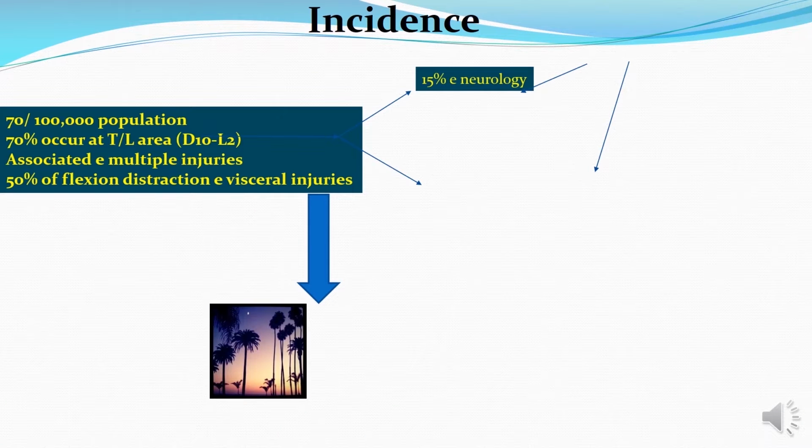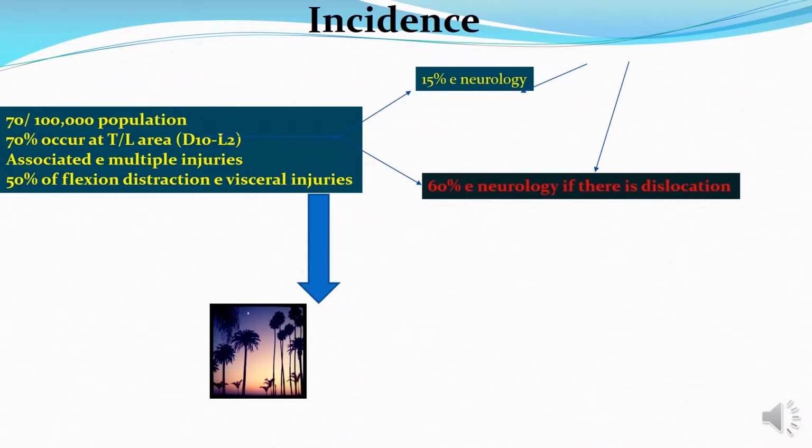Most of the fractures which occur at the thoracolumbar area, 15% of them, are associated with neurology, while 60% of cases with dislocation will present with neurology.